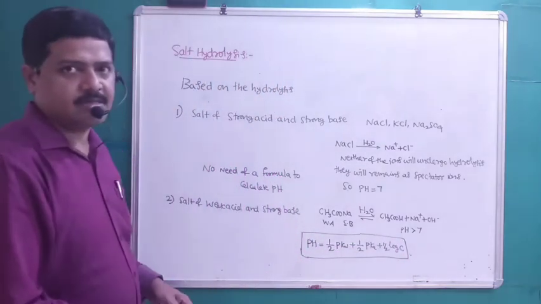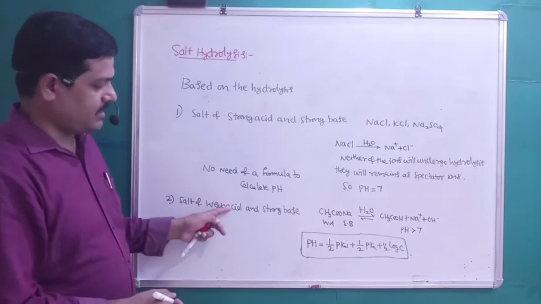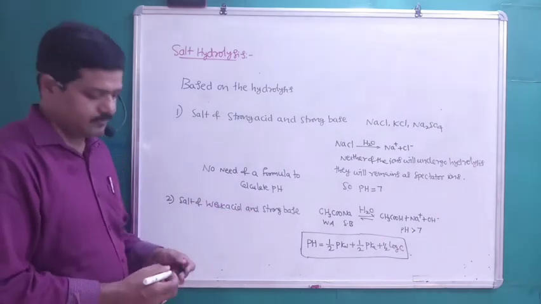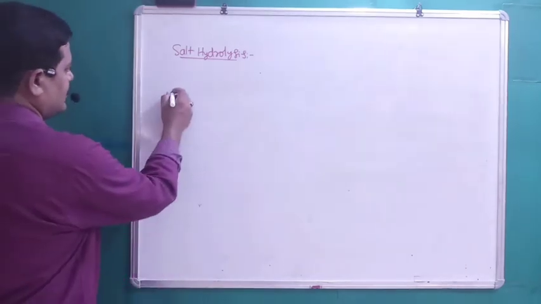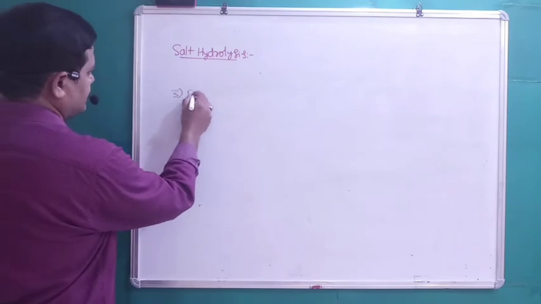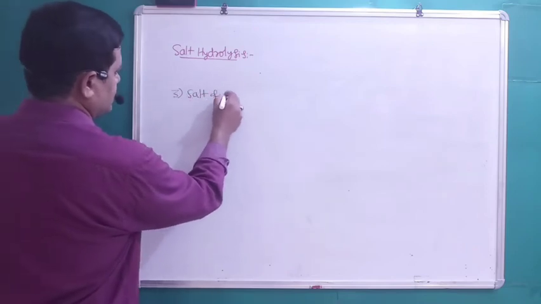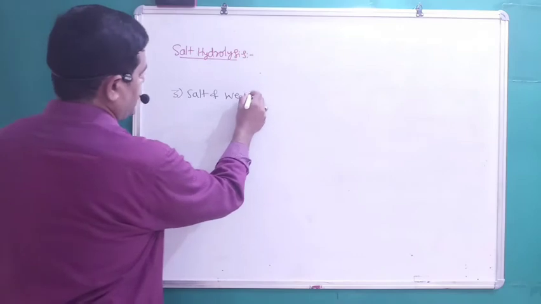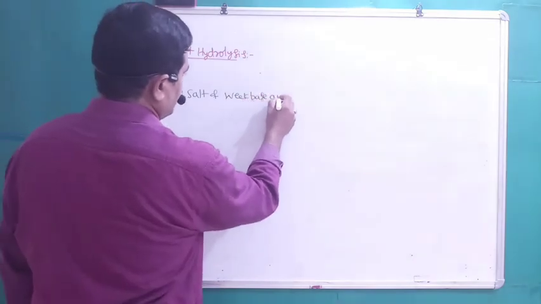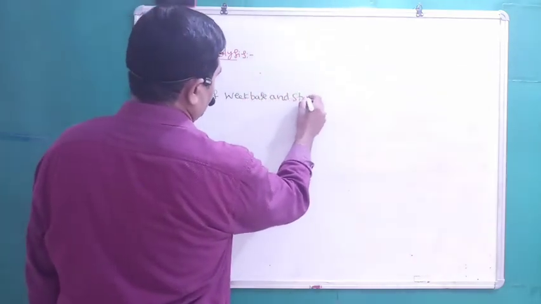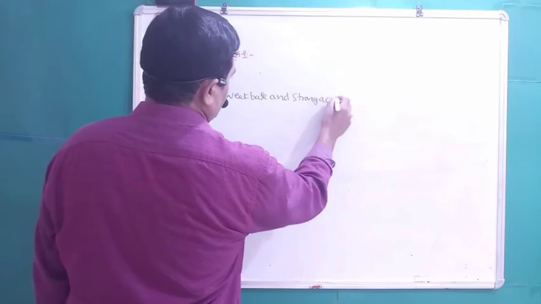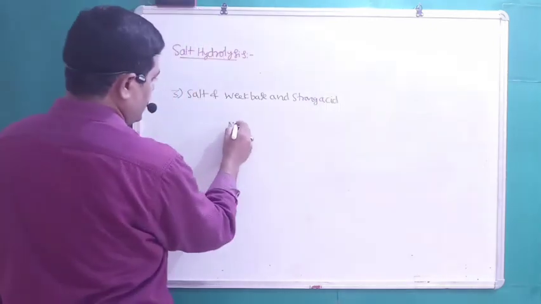Next we will take the third one, salt of weak base and strong acid. Salt like ammonium chloride.